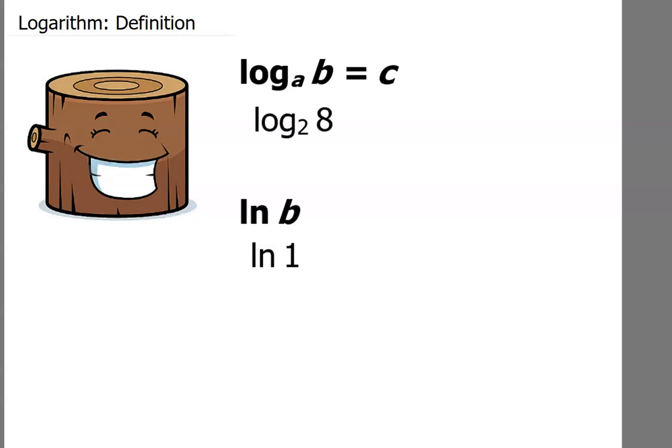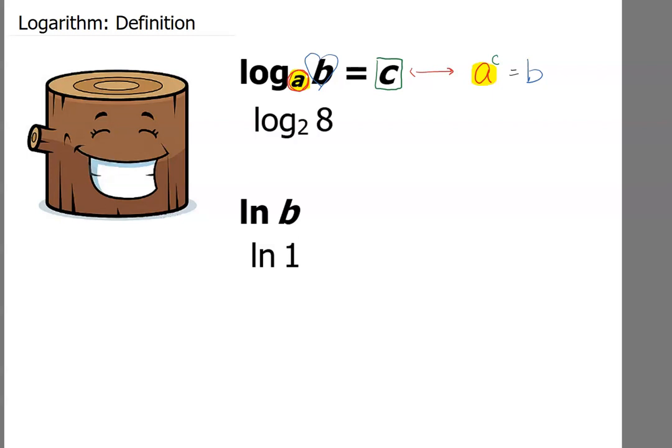So in bold, I have kind of the official definition and then an example to remind us of what it means. So log base A of B equals C. What that's telling me, so log base A, that means if my base is A, it's going to take an exponent of C in order to get a result of B. Log base A says I have a base of A, so now I have an exponential equation instead of logarithmic.